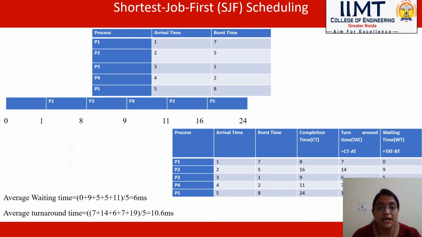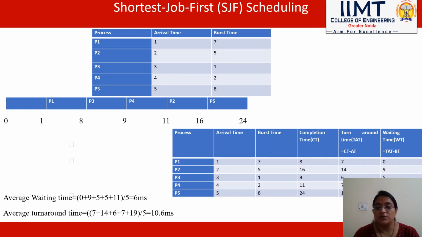So we can see that process P2 has the smallest burst time in comparison to process P5, so we will allocate CPU to P2, and after the execution of P2, we will allocate CPU to P5, and P5 will take 8 seconds for its execution.